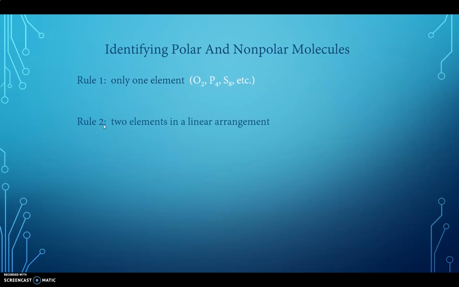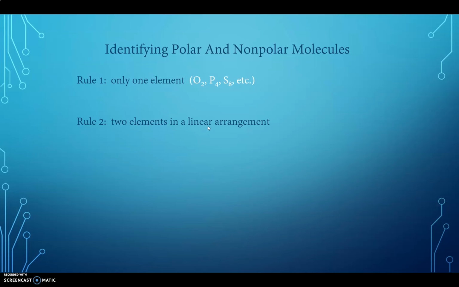Now, the more complicated one is when there are 2 elements, because when there's 2 elements in a molecule, it can go either way, polar or nonpolar. So it comes down to the shape of the molecule. If you remember back to chapter 12, when you have 2 elements in a molecule, it's possible that they can be in a straight line or they can be bent.